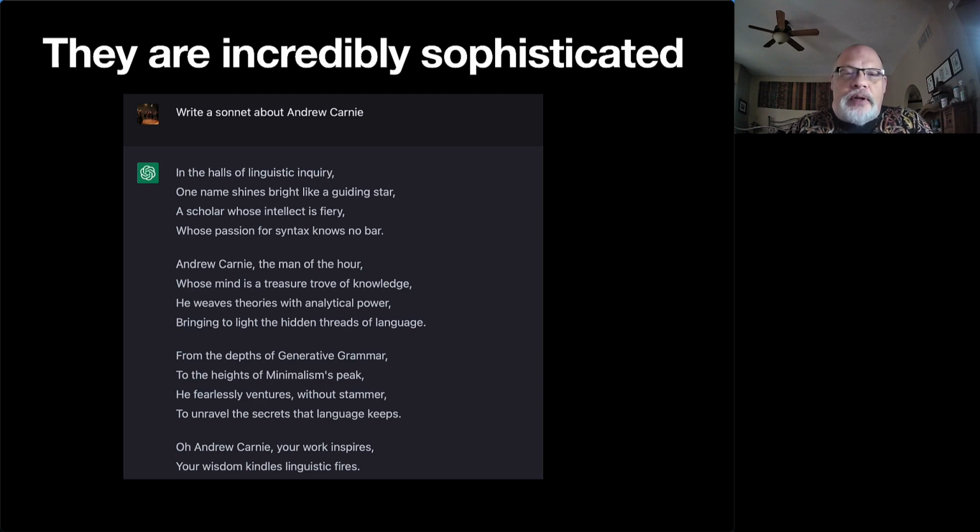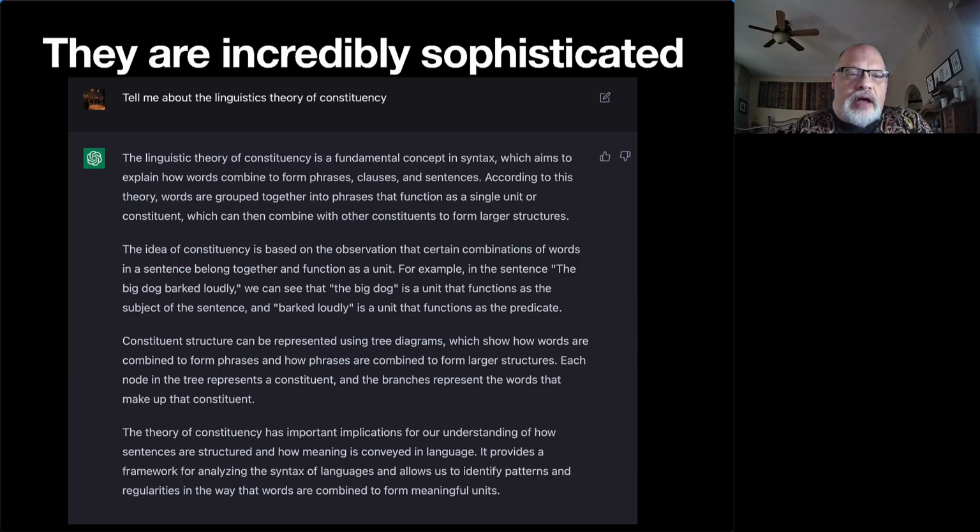Here's another example of something that ChatGPT generated. I asked it to tell me about the theory of constituency. And now, quite interestingly, it did a really good job. So if you read this paragraph here, the linguistic theory of constituency is a fundamental concept in syntax, which aims to explain how words combine to form phrases, clauses, and sentences.